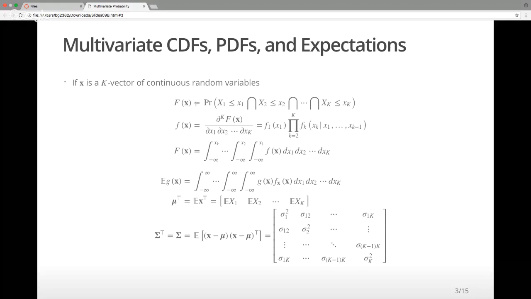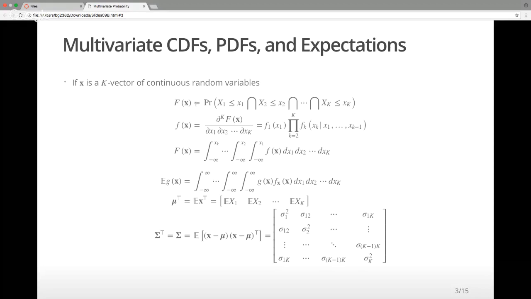Now we have a k-dimensional integral rather than a two-dimensional integral, but conceptually this gives us the way to think about the expectation of some function of a continuous random vector.